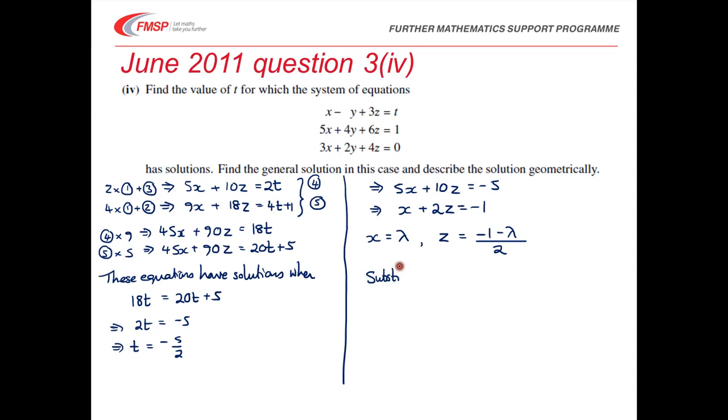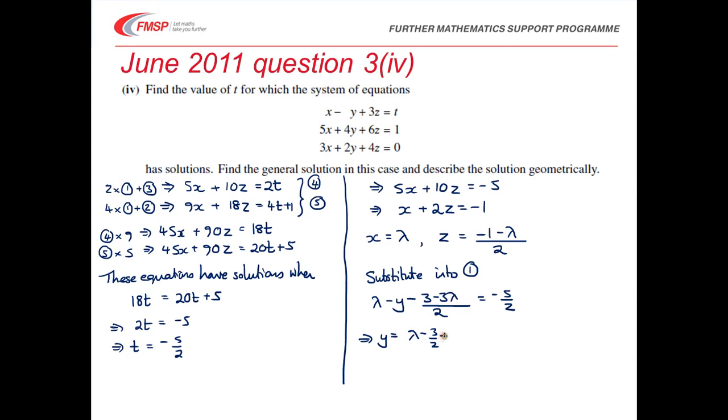If I substitute that into the first equation, I get lambda minus y minus 3 minus 3 lambda over 2 is equal to minus 5 over 2, giving me that y is equal to lambda minus 3 over 2.